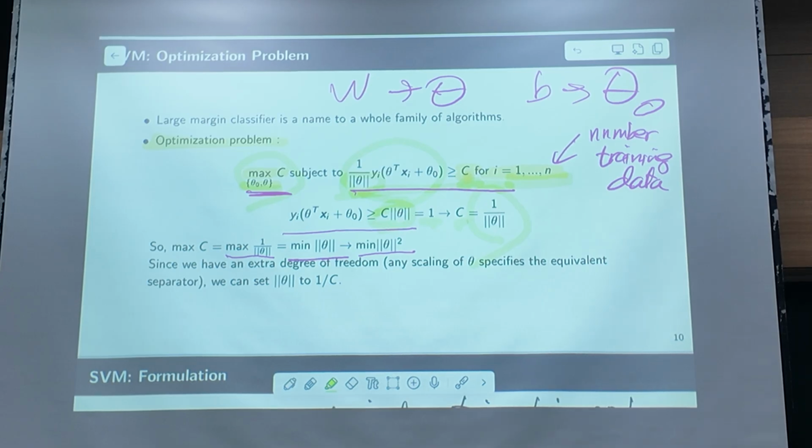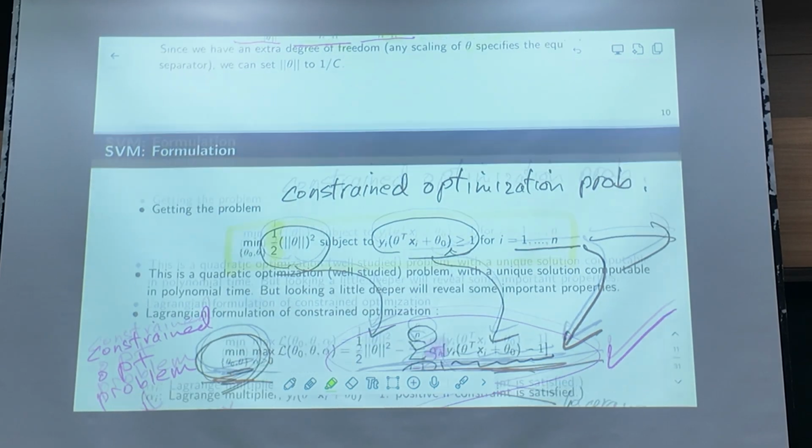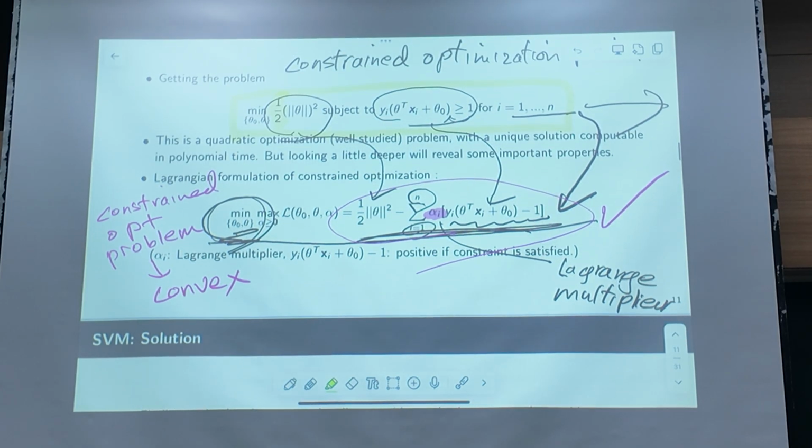So maximizing the inverse is equivalent to minimizing the norm. And instead of minimizing the norm, we minimize the square. So this was the constrained optimization problem.